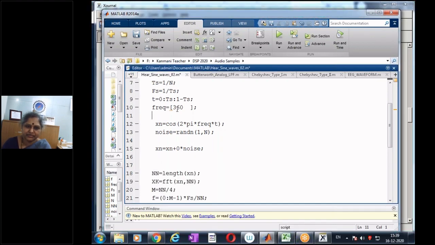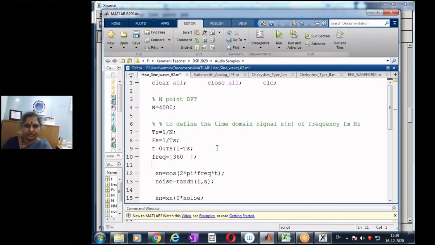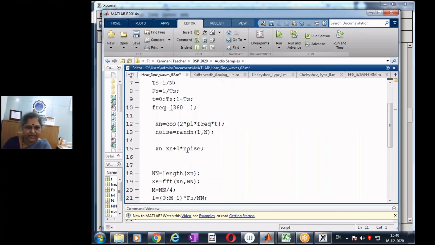So here I'm taking a signal. This is walking through the program. I'm considering some N which is large, and I'm setting my sampling frequency equal to this, and defining my time for a period of 1 second. Let us say I set my frequency to around 360 hertz, and then I'm going to generate a cosine wave, and I'm going to add noise. Of course, initially I'm not adding noise.